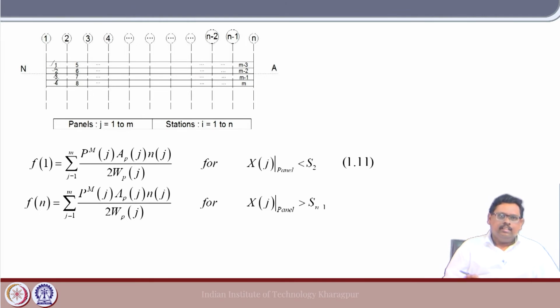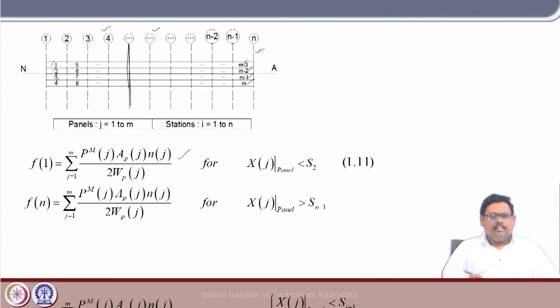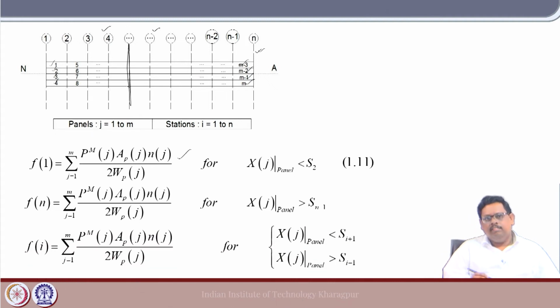In the case of section 2, or again the nth panel, I am using only these two panels, that is what is written, and then we are averaging out and distributing. However, in intermediate panels, for this particular section we are taking from here to here and then averaging out. So, you see that is what we have done.